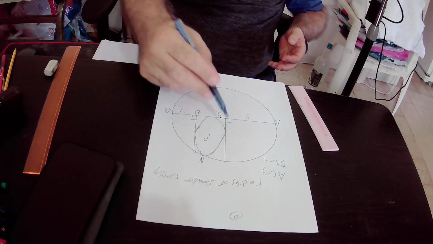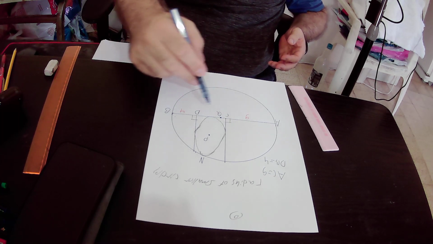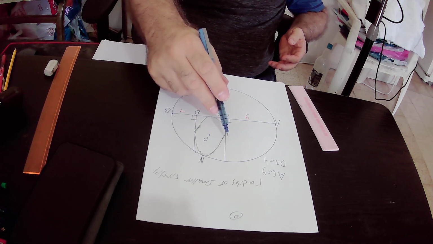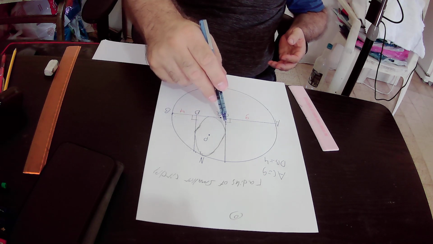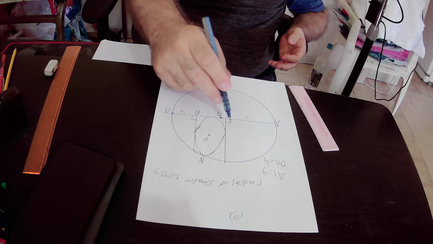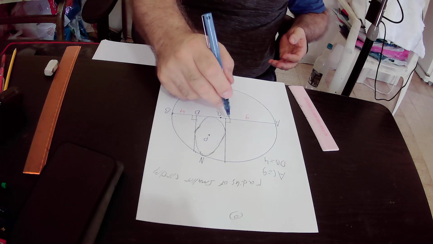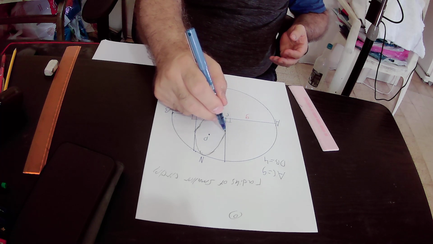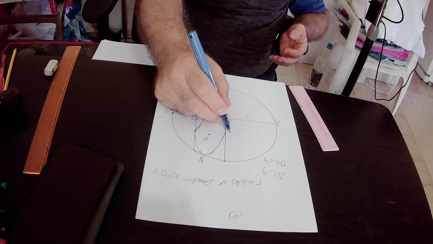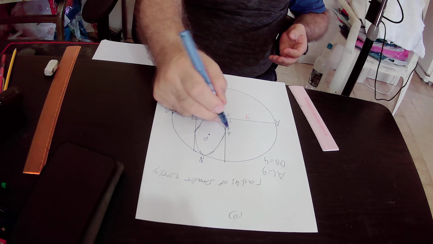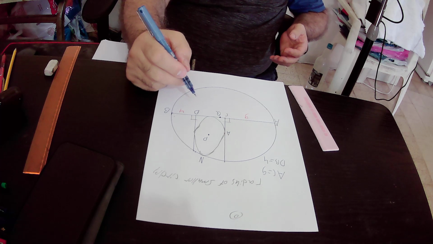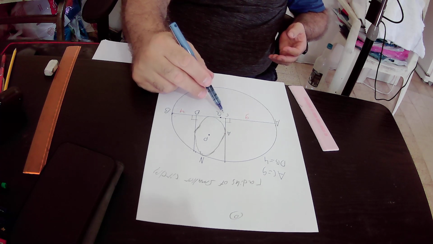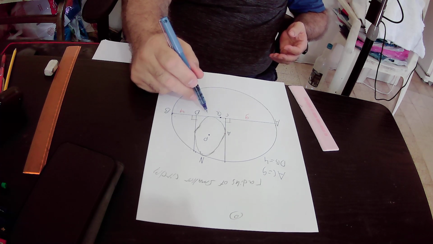Actually, we have here 3 tangents to the circle. This line segment is tangent to the circle at this point, let's call this point A, and we also have another tangent to the circle at this point.